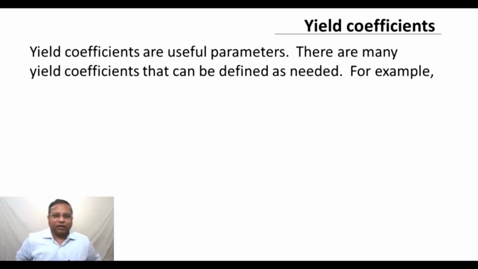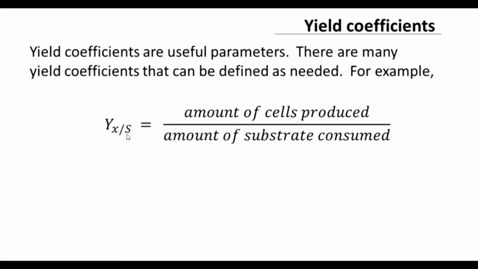The next concept that we are going to look at, a useful concept, is called the yield coefficient. It's a very simple concept but useful, and you could define many yield coefficients. For example, Y of x slash s, yield of cells with respect to substrate, that's the way to read this. Yield of cells with respect to substrate is defined as the amount of cells produced divided by the amount of substrate consumed.